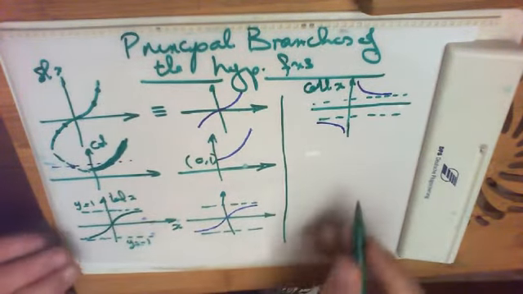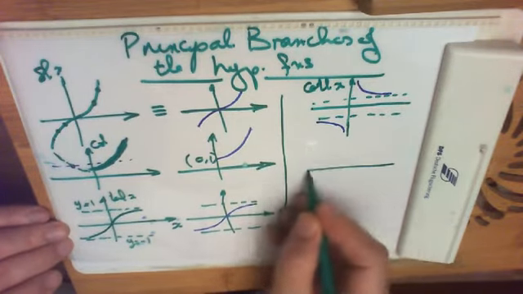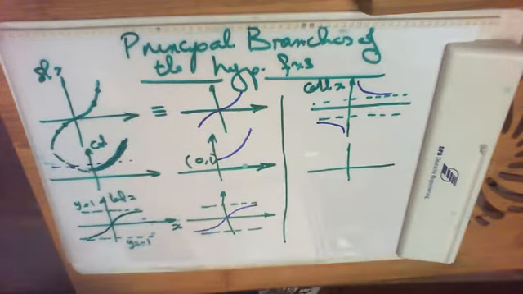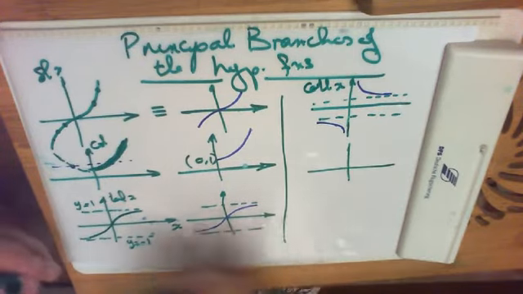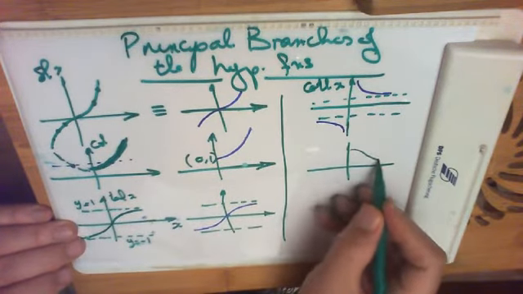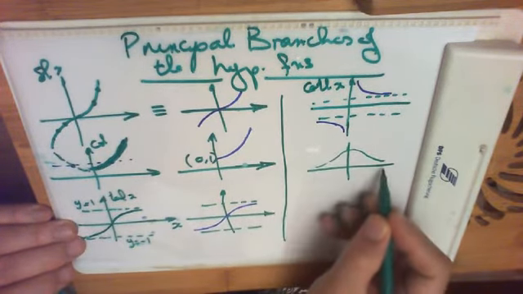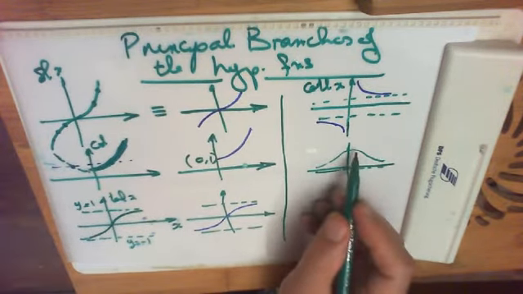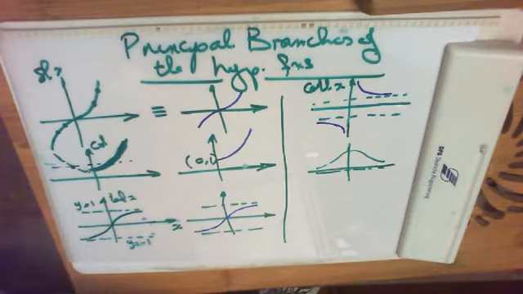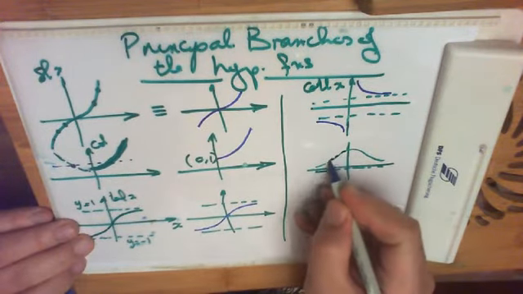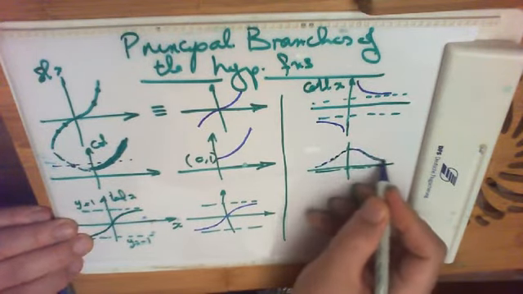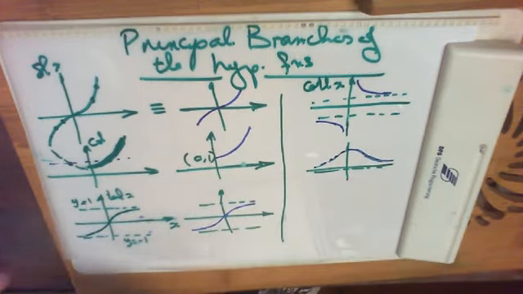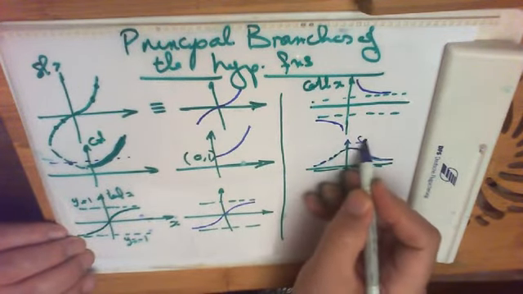What about sech? Sech was like this. If you remember, no, it fails. A horizontal line intersects more than one point, so we cancel this part and take only this. This for sech. Okay.